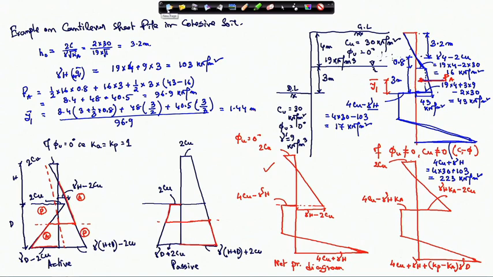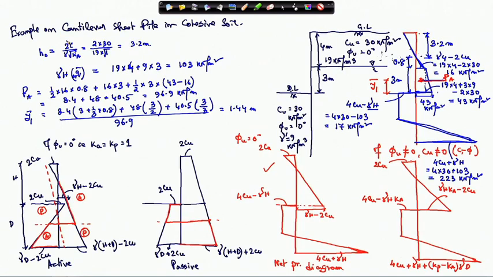Okay. So, now I will solve the expression. The final expression given for this type of problem was d square, where d is this dimension. This is the d.